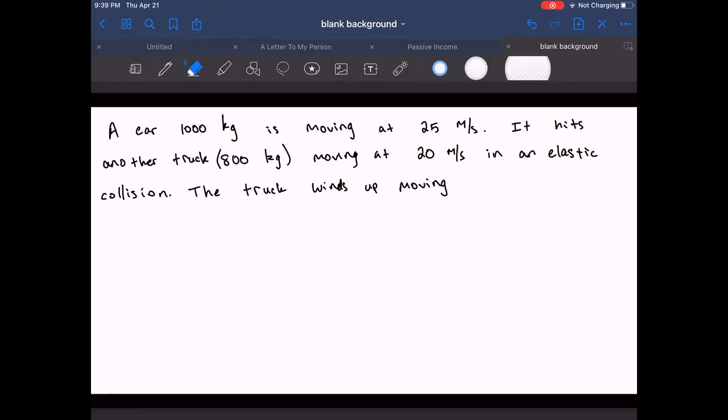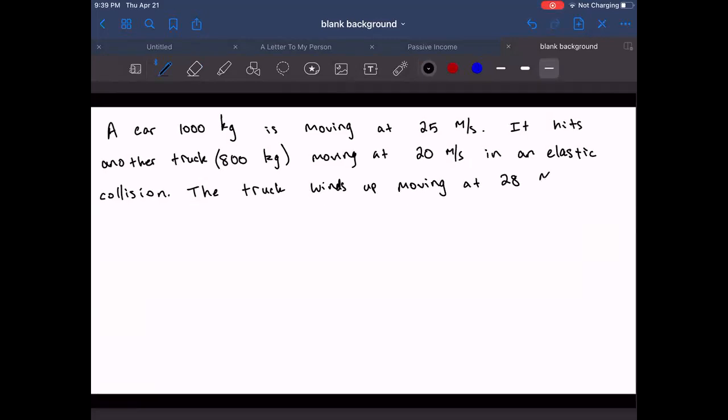Let's do 30. 20 is good. And then it is moving at 28 meters per second.